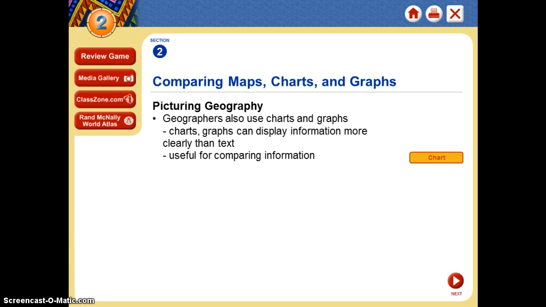In addition to maps, geographers will also use charts and graphs. Now, the major advantage to using a chart or a graph is that you can visually display information, and it's usually in a clearer fashion than just simply writing it in a paragraph. We all know the phrase "a picture's worth 1,000 words," where the graph or the chart is essentially a picture that displays information.